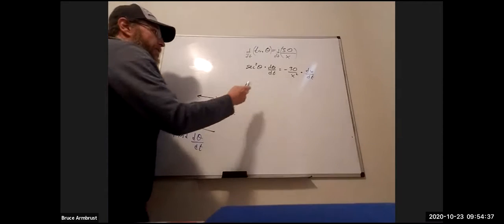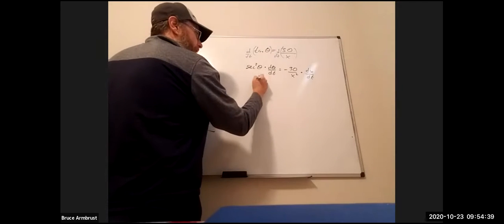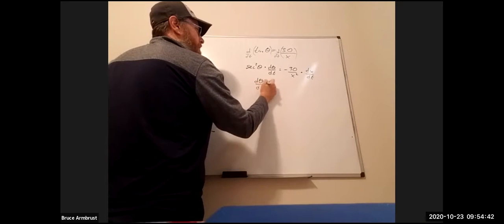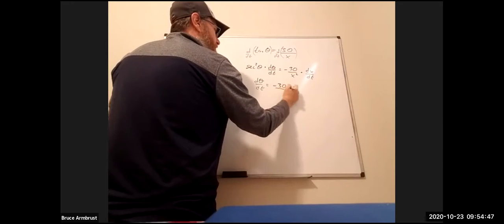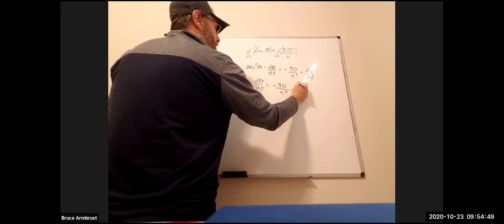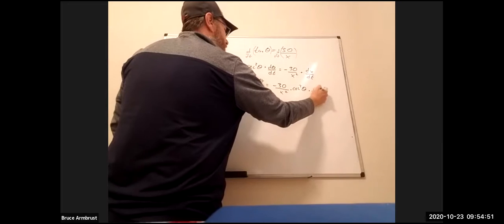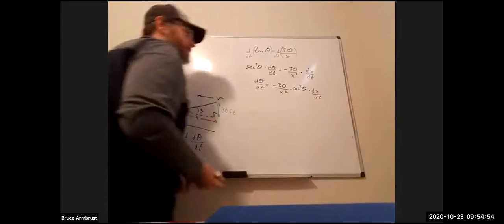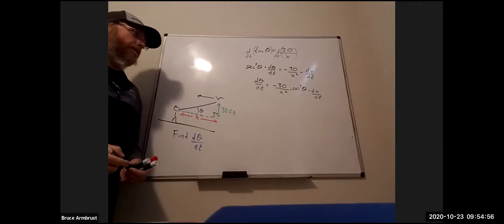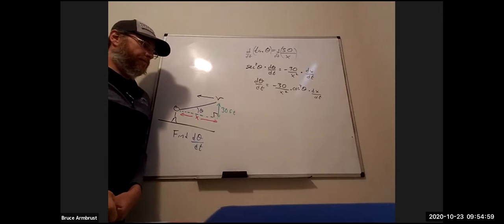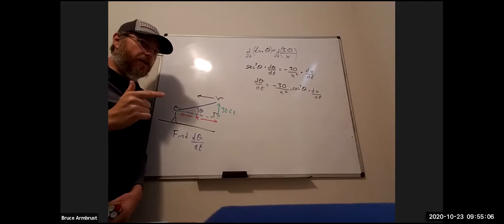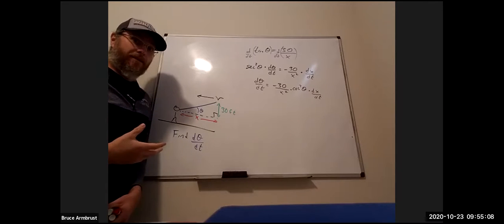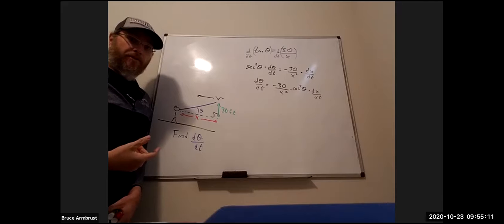All right, so if I actually solve this for d theta dt, I'm going to get minus 30 over x squared times cosine squared theta times dx dt. It's a cosine now because I'm dividing by secant. 1 over secant is the same as cosine.